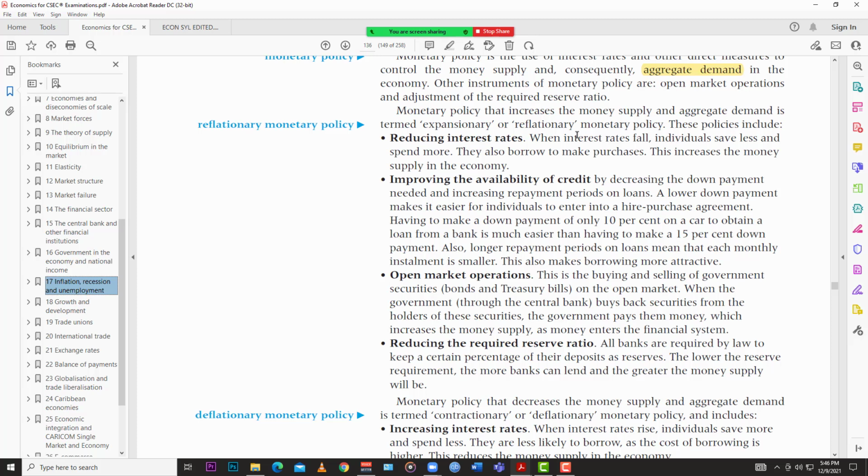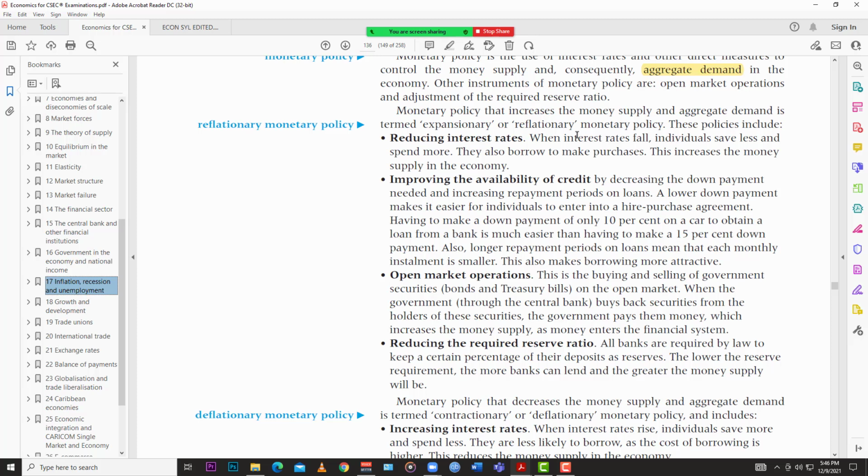You can use monetary policy to try and do this. How? You can reduce the interest rates that banks charge for loans, so you make money easier to borrow. When you reduce the interest rate, money becomes cheaper, and so persons will be quicker to borrow money, and they're going to use that money to invest and to buy things, and so that would increase the money supply, and that would increase demand.